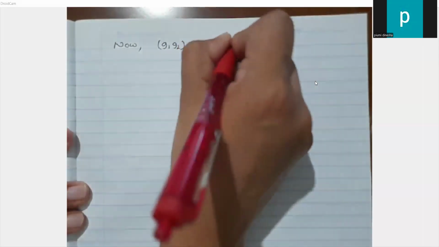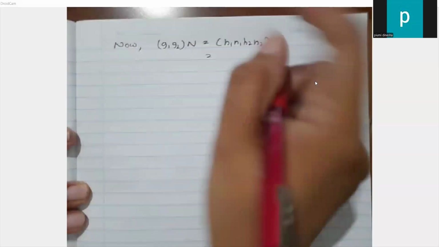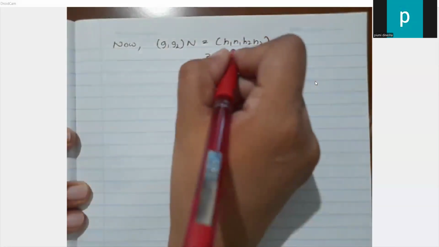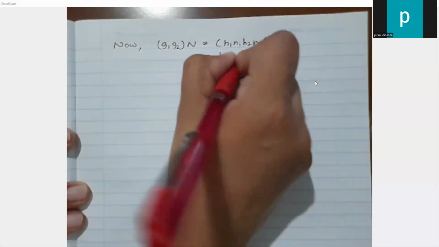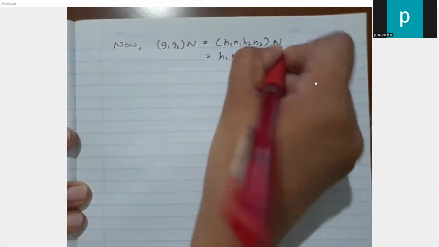Now, let's go to g1g2 times N, this left coset of N by the element g1g2. This is equal to h1n1h2n2N. This is equal to, by seeing this, h1n1h2n2N, right?